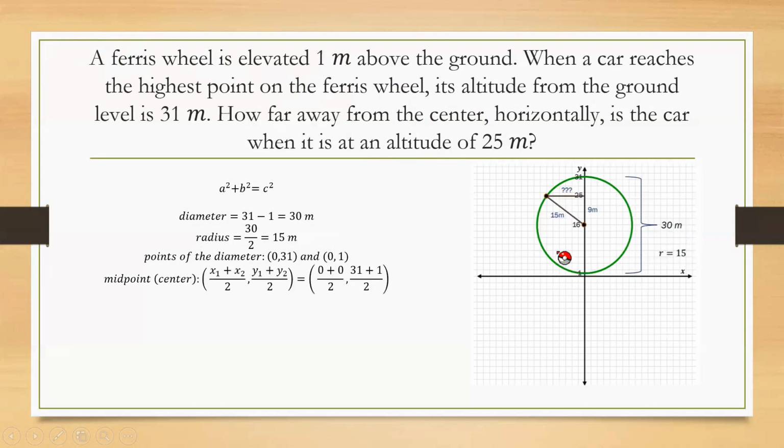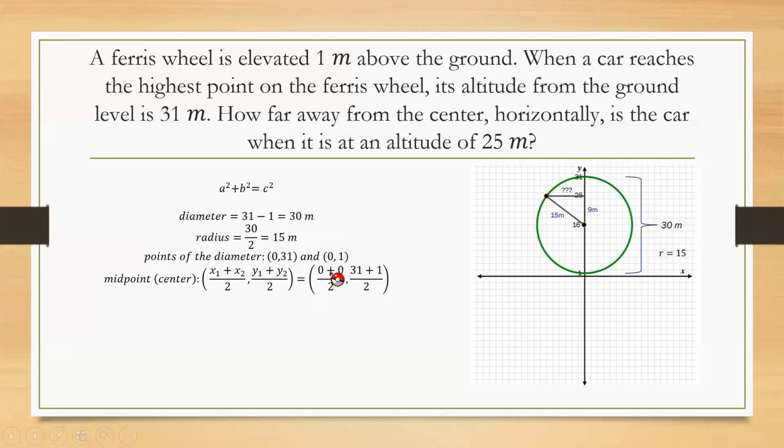Now, to get the center, we have to use the midpoint formula. So we simply have to replace the values of x's and y's in the equation. So x sub 1 plus x sub 2 refers to 0 and 0. y sub 1 plus y sub 2 refers to 31 and 1.